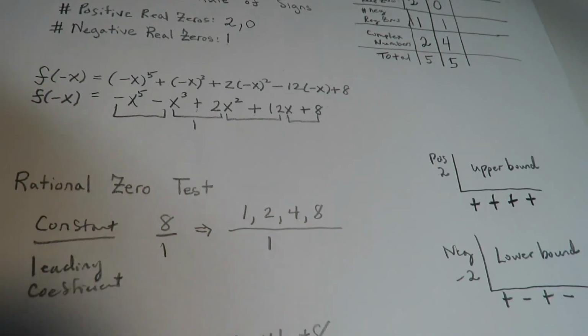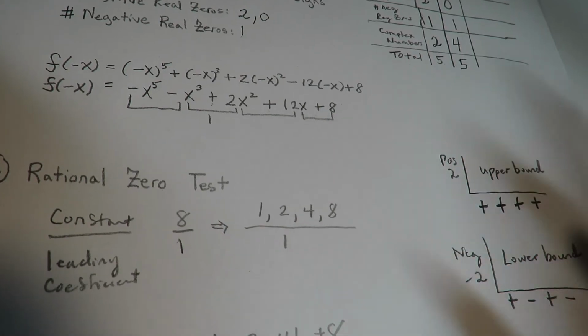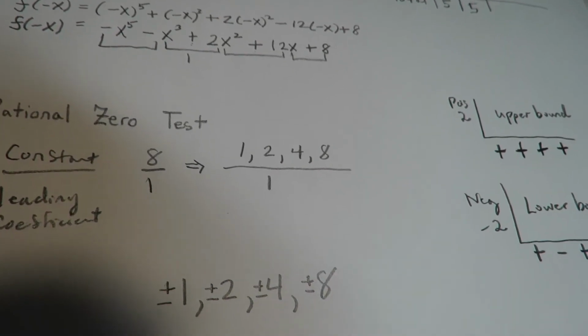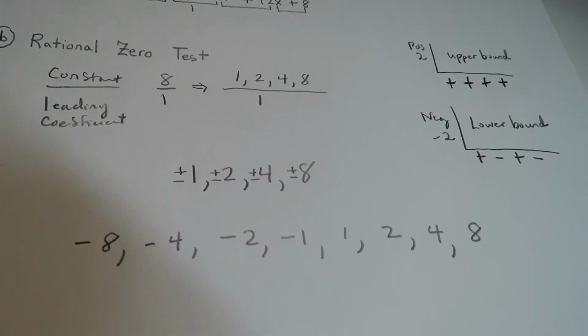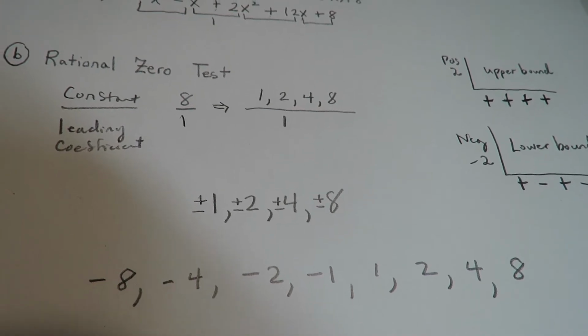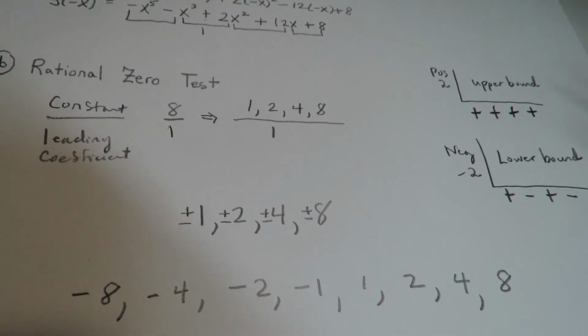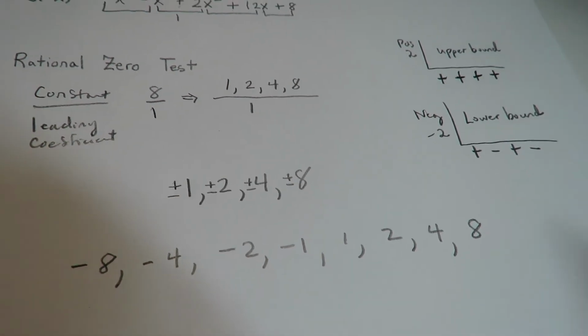I know it's a little hard to understand, but when you think it through, you'll realize what I'm saying. Okay, so the purpose of those tools was that if you had a huge amount of numbers you were testing, that would streamline the process and it would take less effort for you to find it. Okay, so this is a really great tool, as well as Descartes' rule of signs, it's a really great tool.